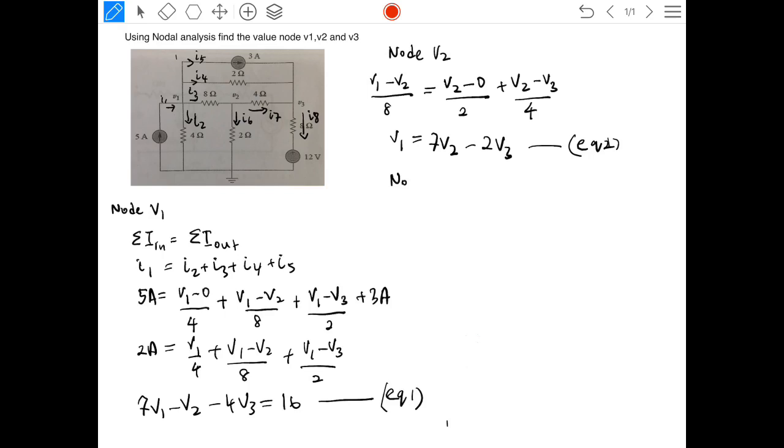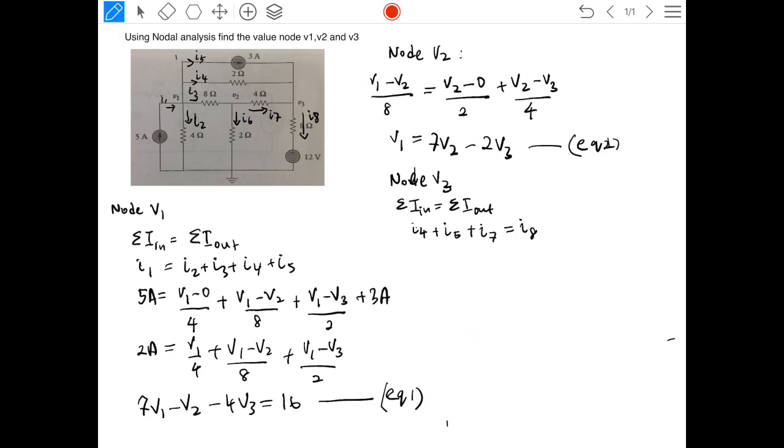And for the node V3, we can write as usual, the summation of I in equal to the summation of I out. So let us determine which ones are I in and which are I out. So I in is I4 plus I5 plus I7, which will equal I8. Right?